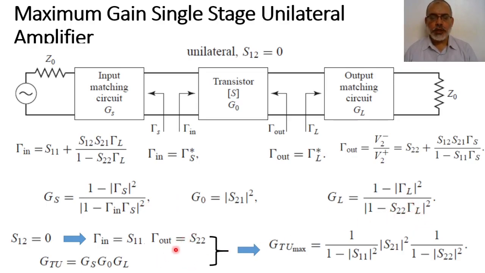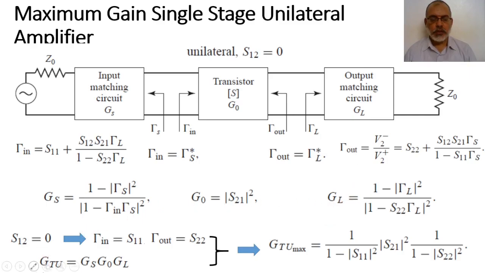By combining these two relations, we can say that the transducer gain of such a single stage amplifier, as we said, is the available power at the load to the maximum available power from the source. We are interested in finding the transducer gain. So the transducer gain is simply the gain of the input matching network GS multiplied by the gain of the transistor multiplied by the gain of the output matching network.